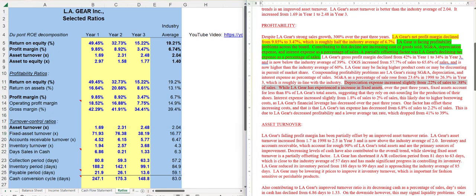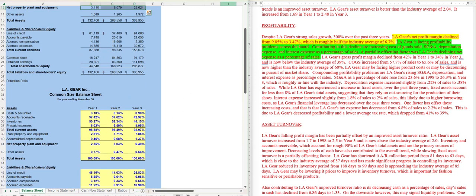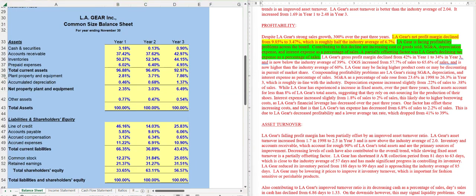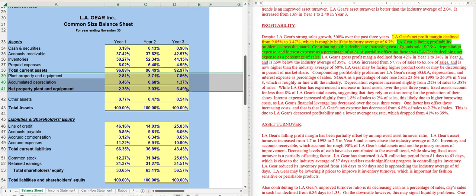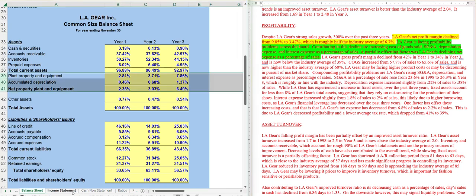One thing I do note here, though, is that notice we have very little in the way of plant, property, and equipment relative to sales. Gross plant, property, and equipment accounts for about 8% of our assets, net 6%. So obviously, we don't have a lot of plant, property, and equipment. We're not manufacturing shoes. We're most likely outsourcing them. Next thing I want to do, I want a sentence that's going to tell me about what happened to our interest expense.